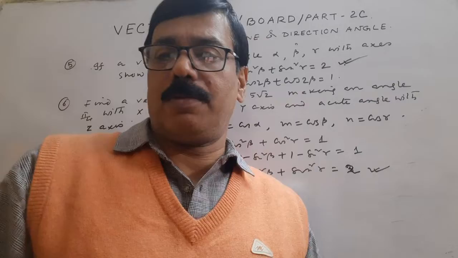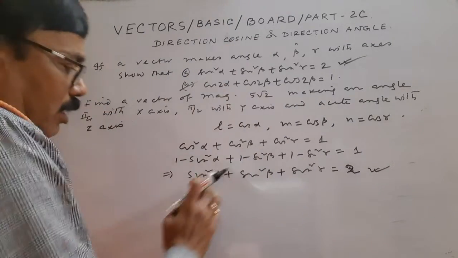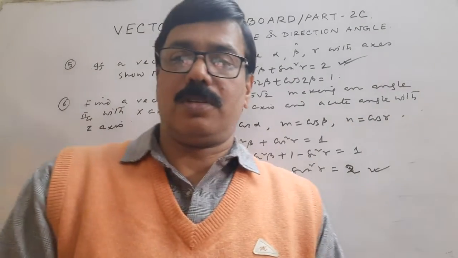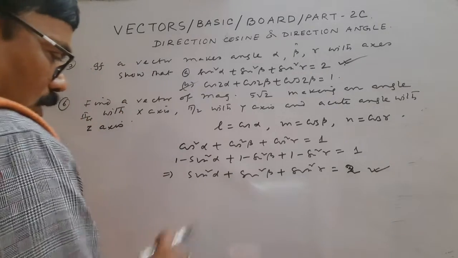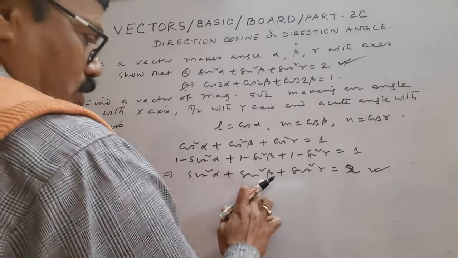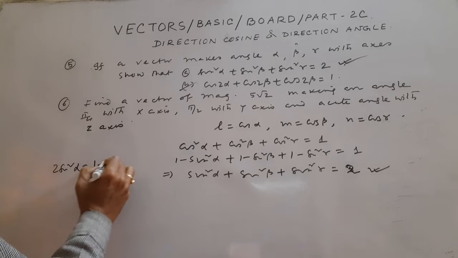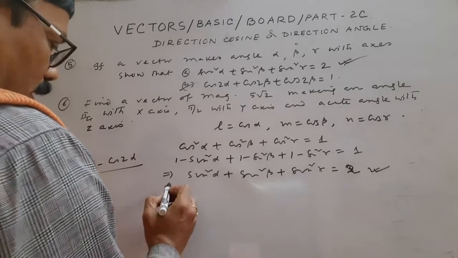Very simple. For the second one, you have to express it in terms of multiple angles. You know the formula: 2 sin square alpha equals 1 minus cos 2 alpha. So this is our working tool.